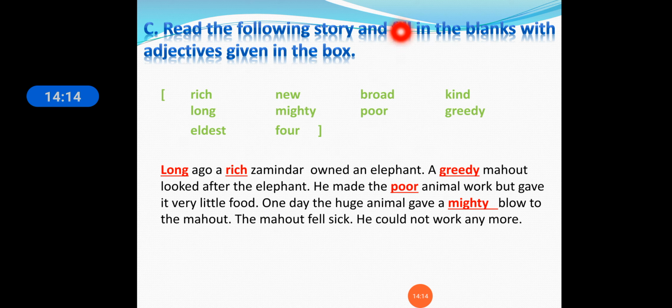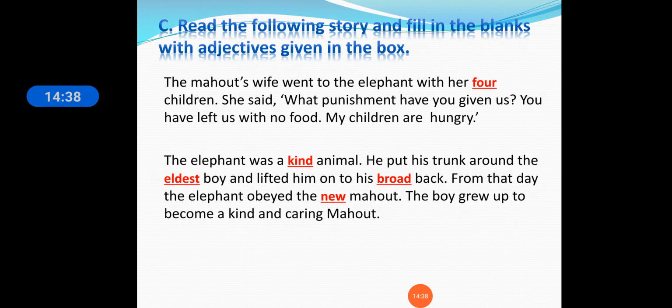Now, in exercise C we have seen the story of a zamindar who has an elephant. He has a greedy mahout who looks after the elephant, and he makes the poor animal suffer for the food. One day the animal gives a mighty blow to the mahout, and the mahout becomes sick and could not work.